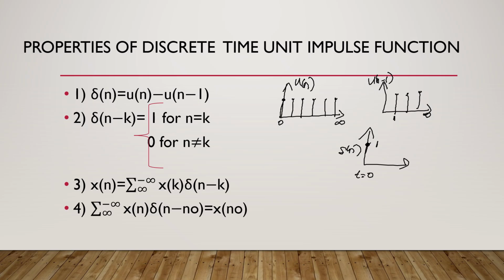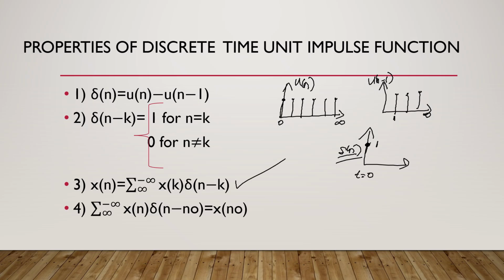We put a dot because it is a discrete function. Now delta of n minus k, similar to what we have seen, is shifted. It will be equal to 1 for n equal to k. Whenever n equals k, we get the amplitude as 1, or else it is equal to 0.